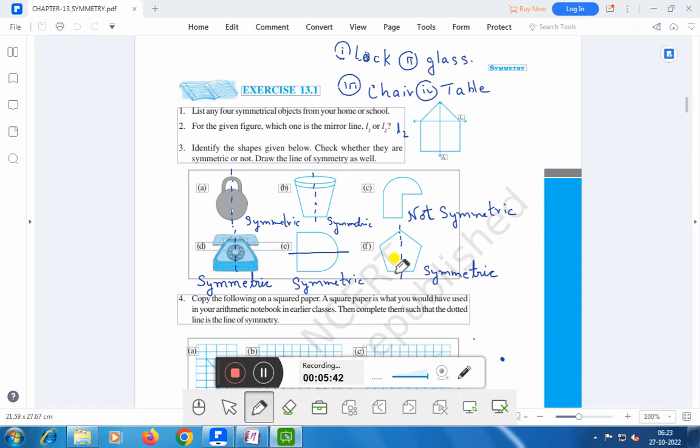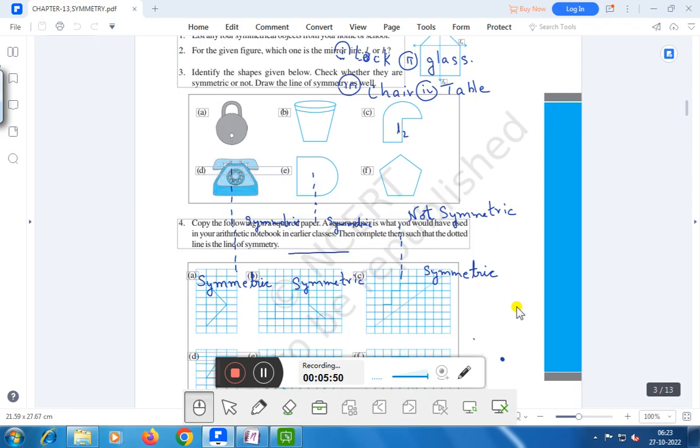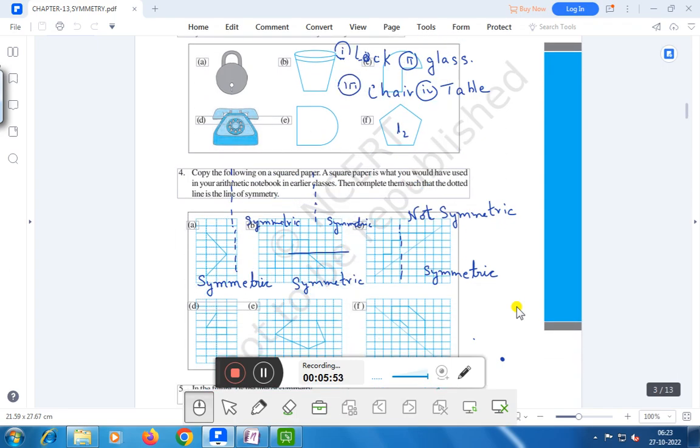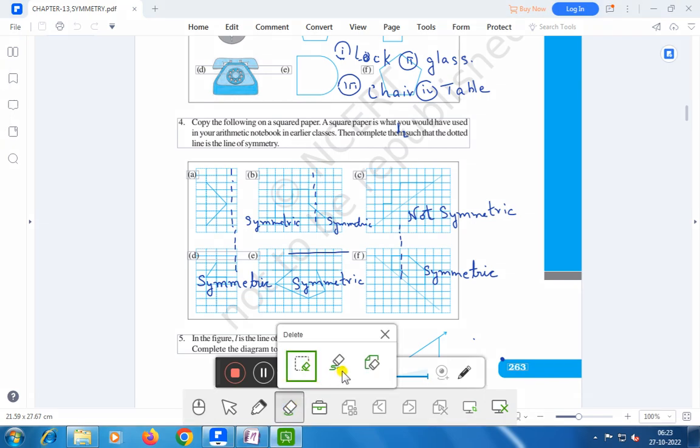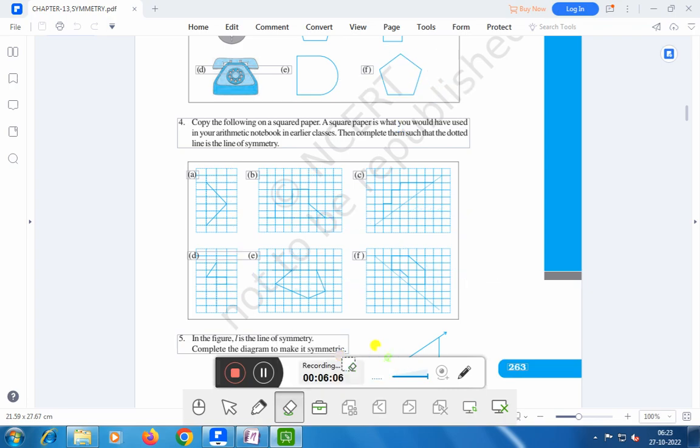Now question number 4. Copy the following on a squared paper, right?